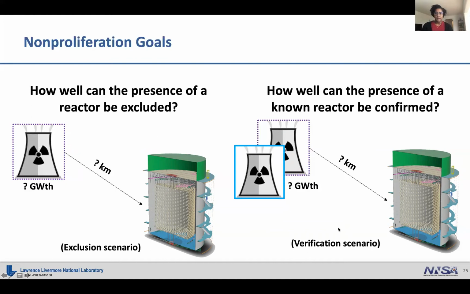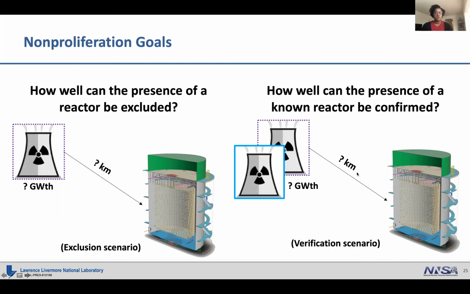Additionally, our second non-proliferation goal is how well can the presence of a known nuclear reactor be confirmed? In the case that you know that there is a nuclear reactor on site, it's possible that they have a smaller research reactor also close by that uses a lot of the same facilities and infrastructure for a nuclear reactor that's not declared.